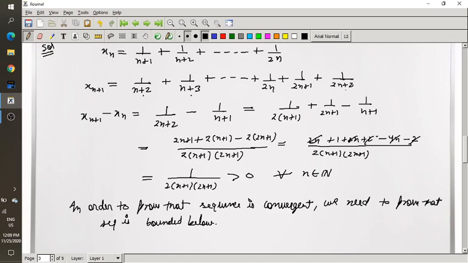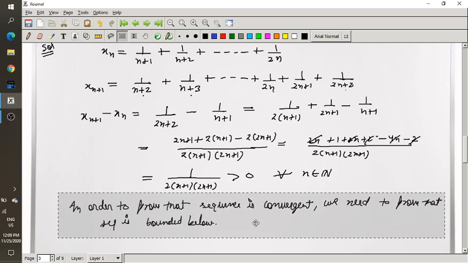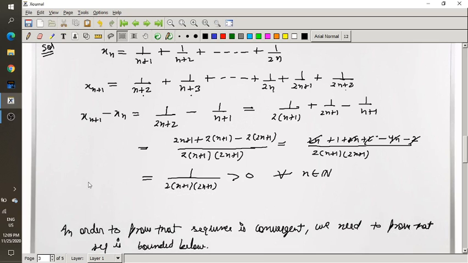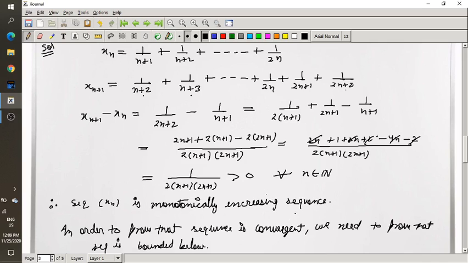So let us change this a little bit. Let me take it down, and here I will write: therefore the sequence xn is a monotonically increasing sequence, right?